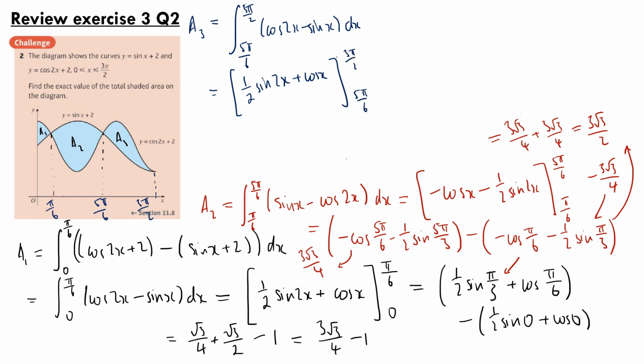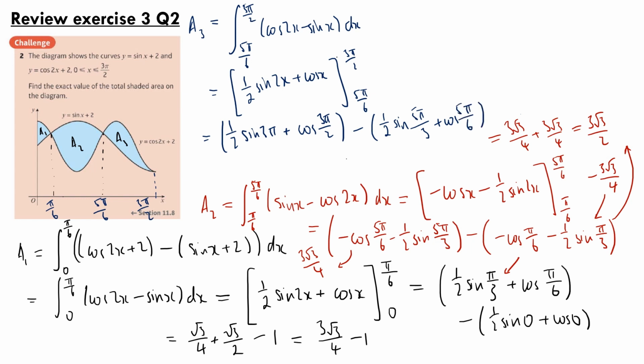And this is equal to a half sine of 3 pi plus cos of 3 pi over 2 minus a half sine of 5 pi over 3 plus cos of 5 pi over 6.